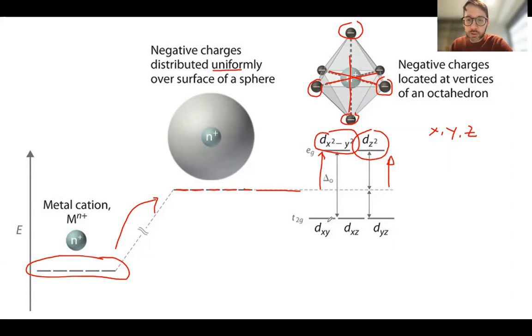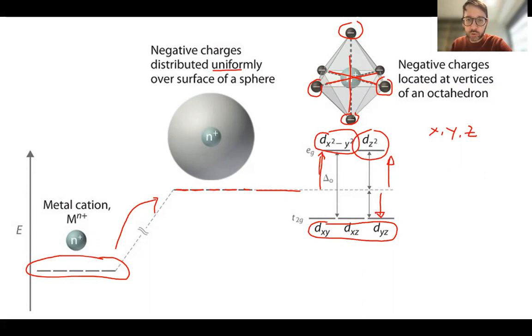the orbitals that are positioned in between the Cartesian axes will have their energy lowered relative to the energy body center.